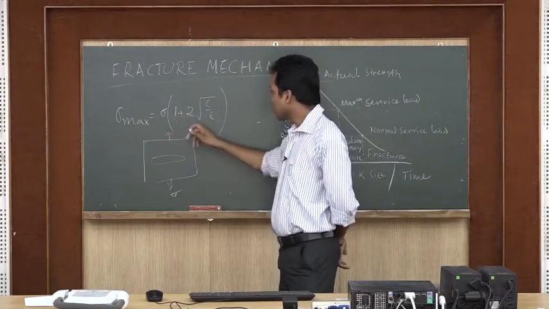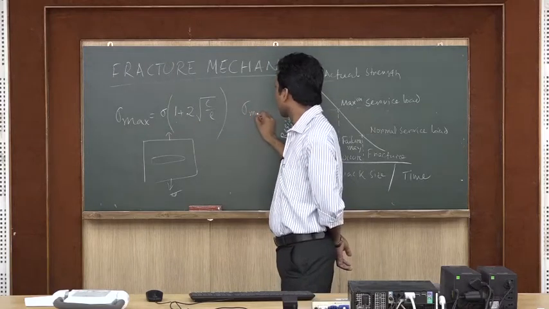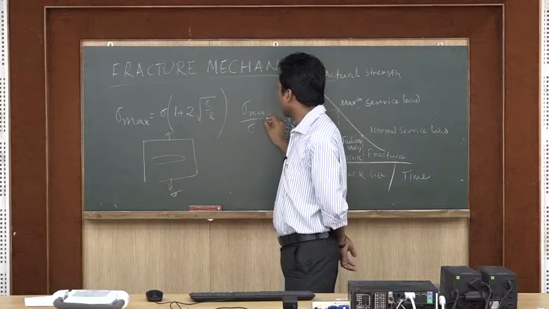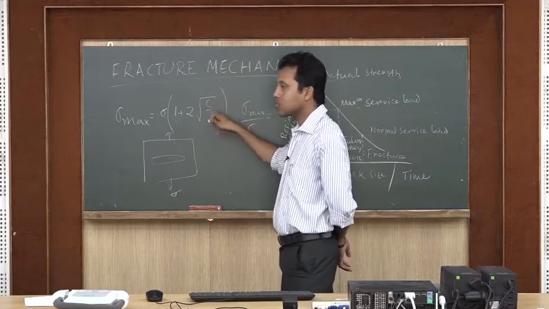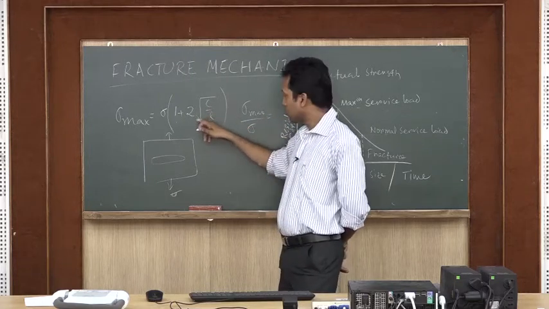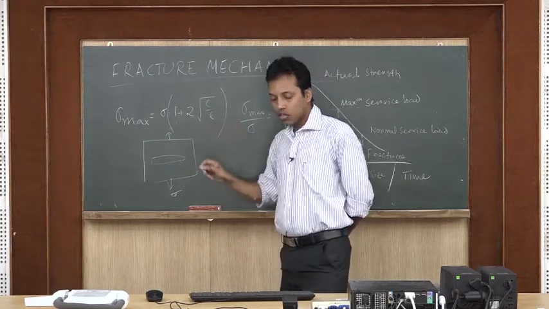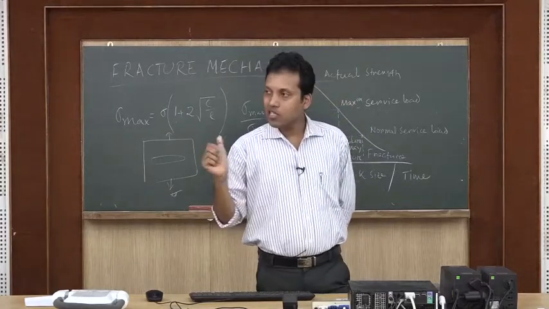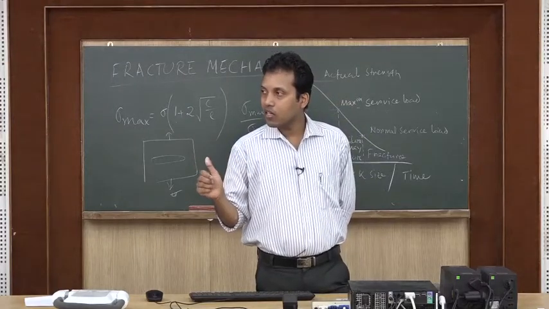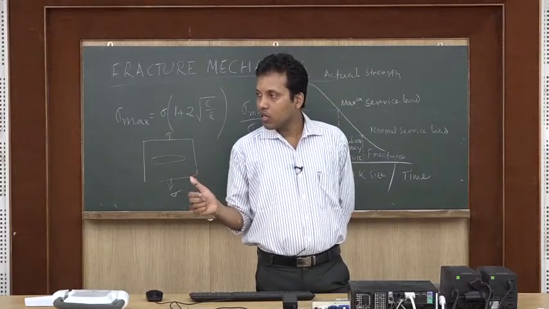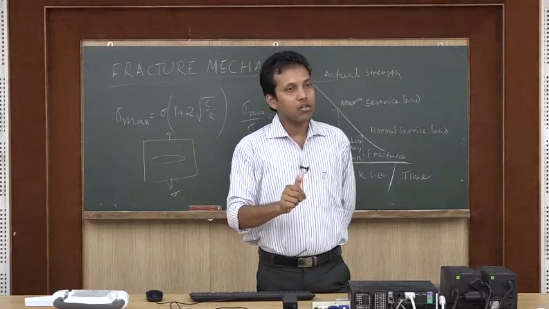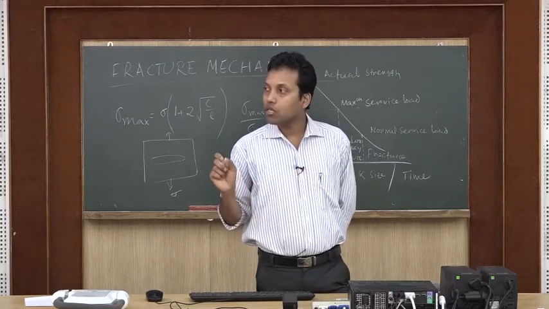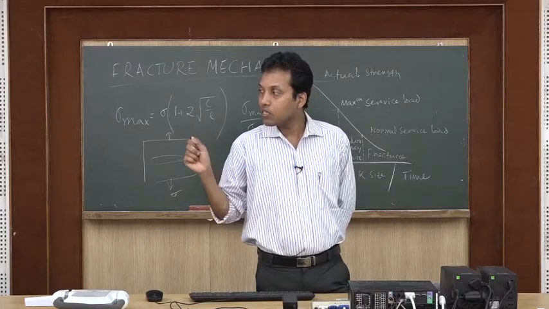So, the stress concentration sigma max by sigma is equal to 2 root over c by rho. So, it is directly proportional to root c. If c increases, that means the crack length increases, then the stress concentration will increase, and as the stress concentration increases, the crack will be much more detrimental with increasing length.